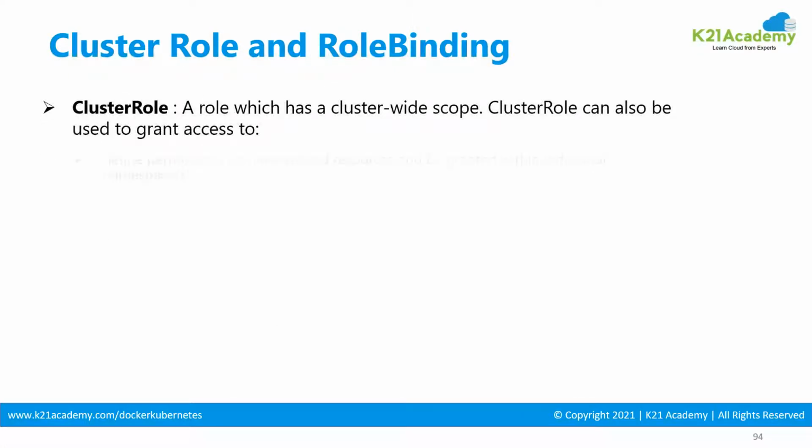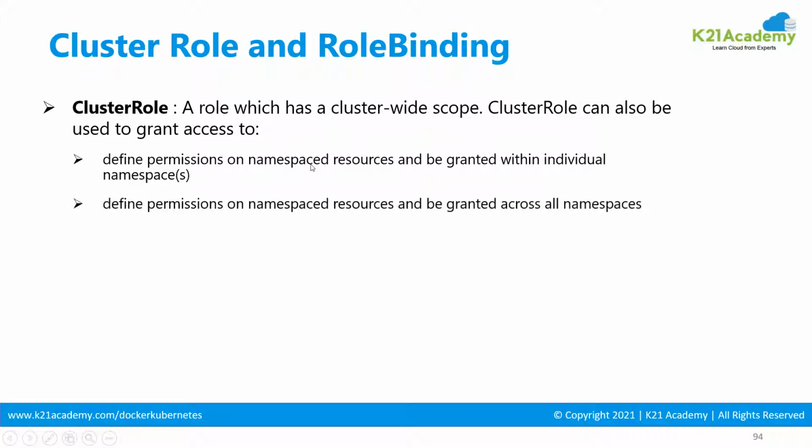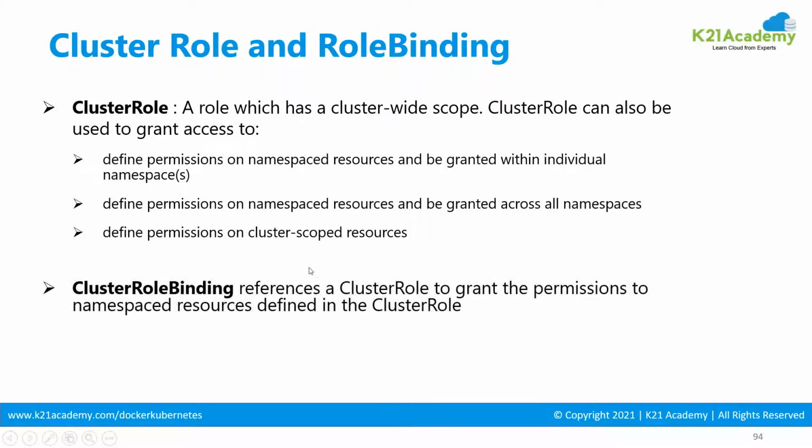What is a cluster role and cluster role binding? A cluster role is a role which has cluster-wide scope. It can be used to grant access to define permissions on namespaces, granted within individual namespaces or across all namespaces, and also to define permissions on cluster-scoped resources.